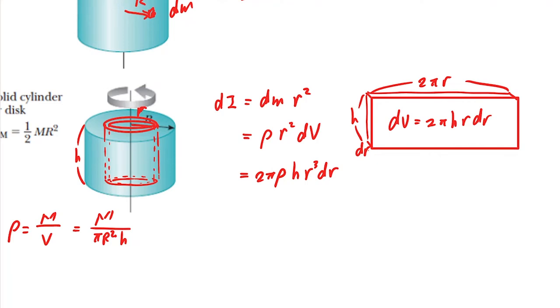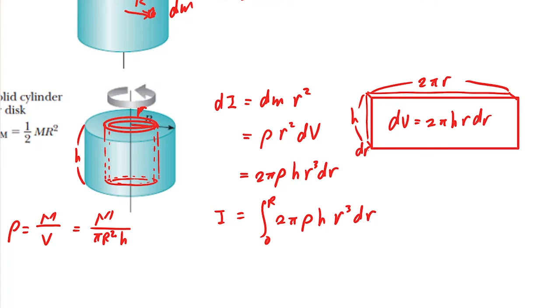Good? Okay. Then our I is the integral from 0 to capital R, and then we have 2 pi rho h constant, and then r cubed dr. Good? Is it okay if I use dr here instead of dx?